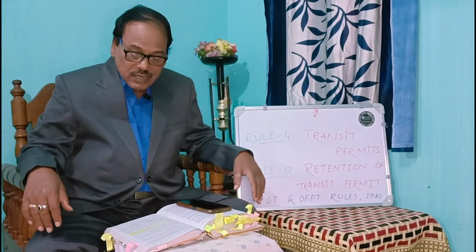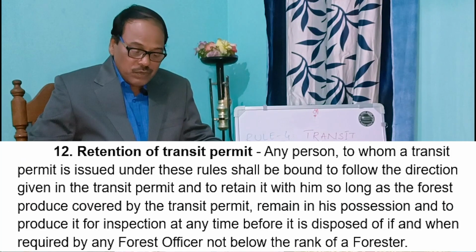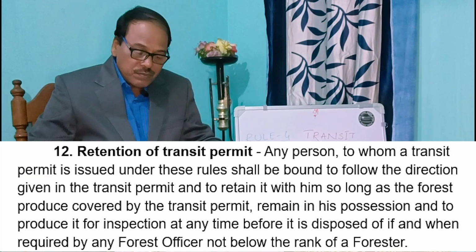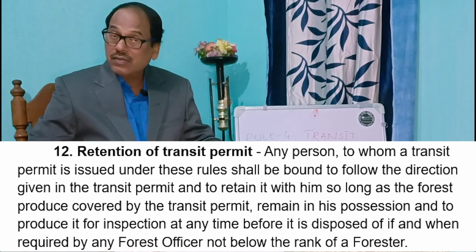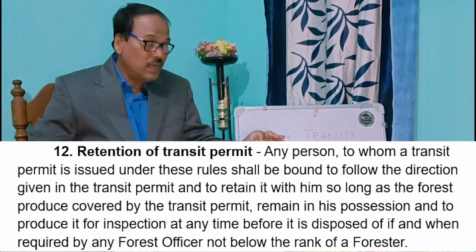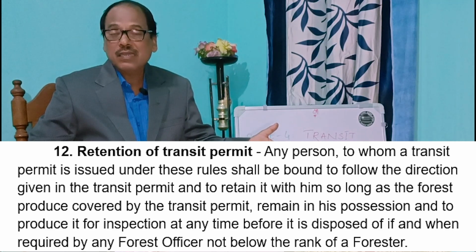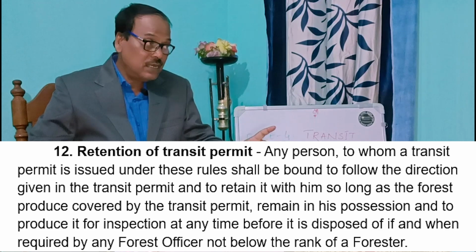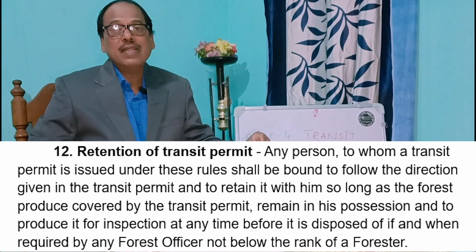That means it remains in his possession and is produced for inspection at any time. Number one, during transportation forest produce can be checked, and that forest produce must follow the direction given in that permit.